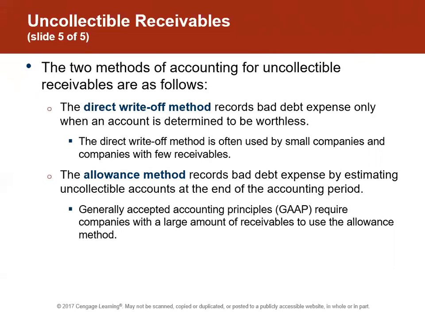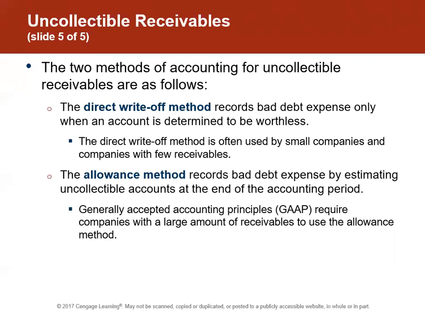So whether the customer was paying us in this period or not, if we provided goods or services, we're going to recognize that revenue in the period in which it was earned. Same with expenses. If we incurred an expense, we're going to recognize that expense when it happened, not when we pay for the expense. So those were some of our accounting principles that we dealt with in college accounting.